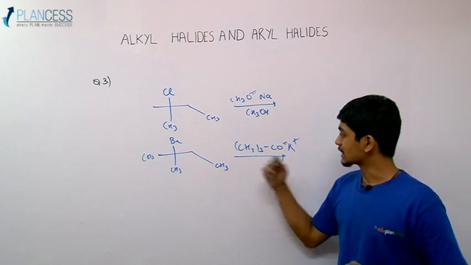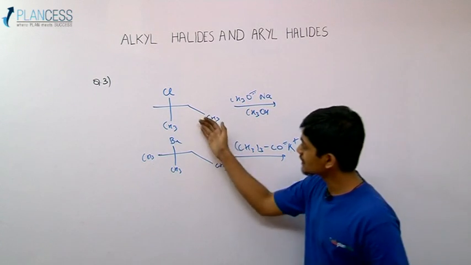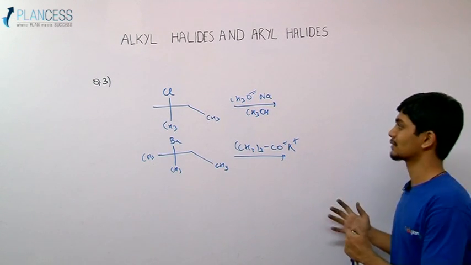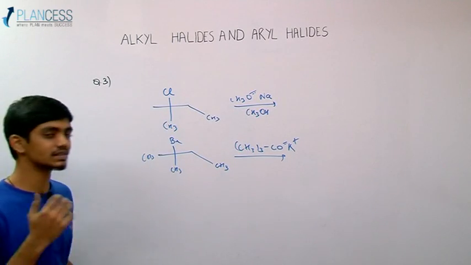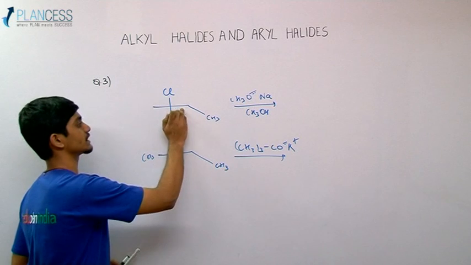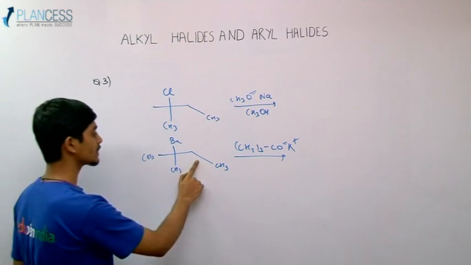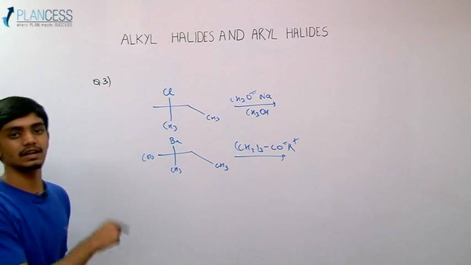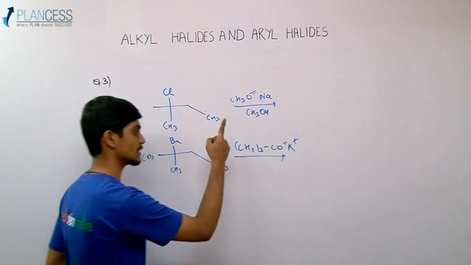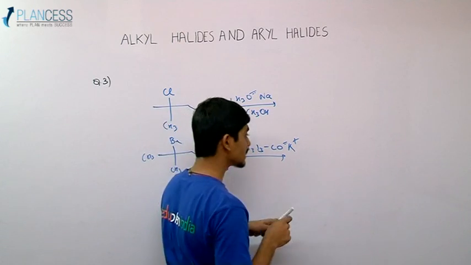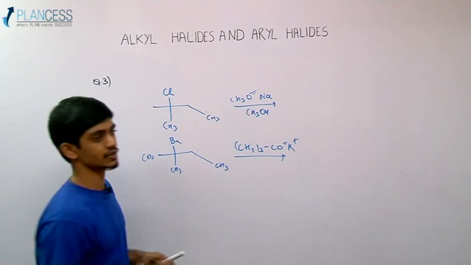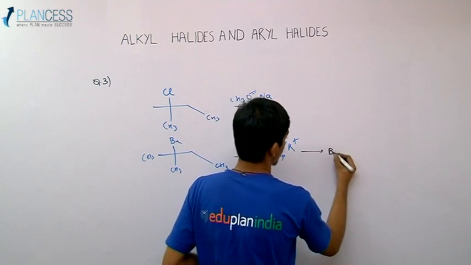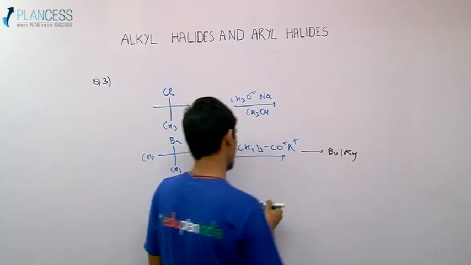But why do you think these two are asked like this? Because these two are asked together, it makes us think that here we must write the substitution product, and here definitely it must be the elimination one. Why? Because this is a bulky base, and with bulky bases the tertiary halides will give only elimination products, because already this tertiary halide is bulky.